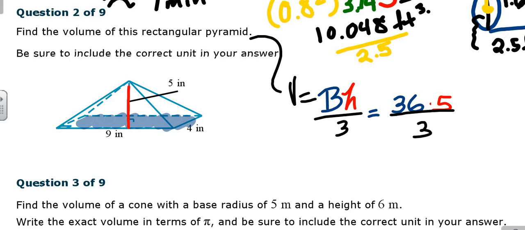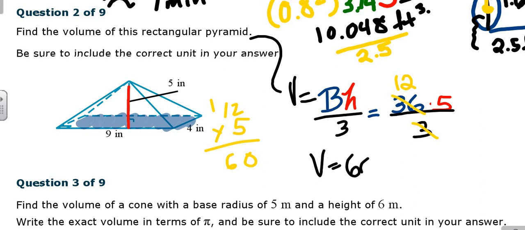Key to multiplying is not multiplying, so I'm going to take that 3 into 36. And we get our volume is 60 inches cubed.